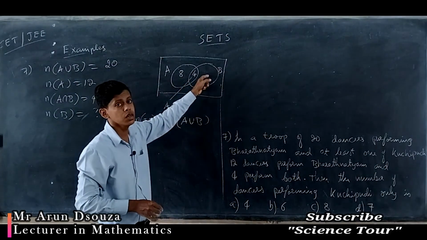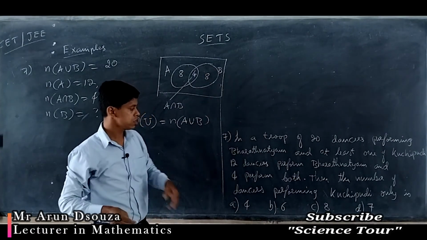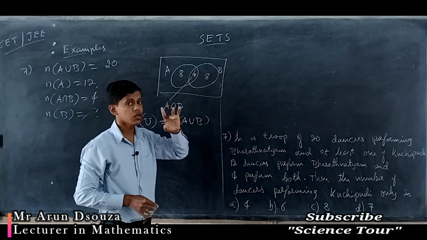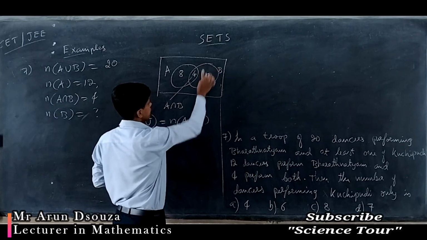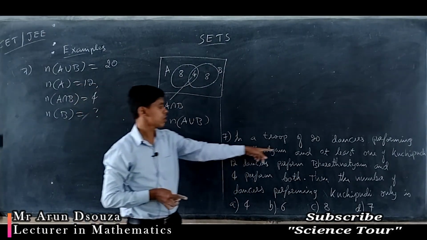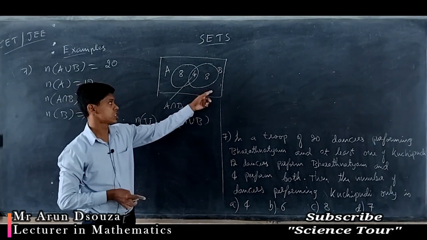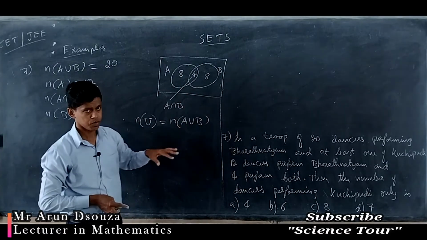Here there will be 8 people. So 8 is the answer actually. Only Kuchipudi is 8. Using the Venn diagram it's easier, correct? Because total is 20, that happens only if these two are equal, because they perform at least one of them. There is no person who is outside the circle.